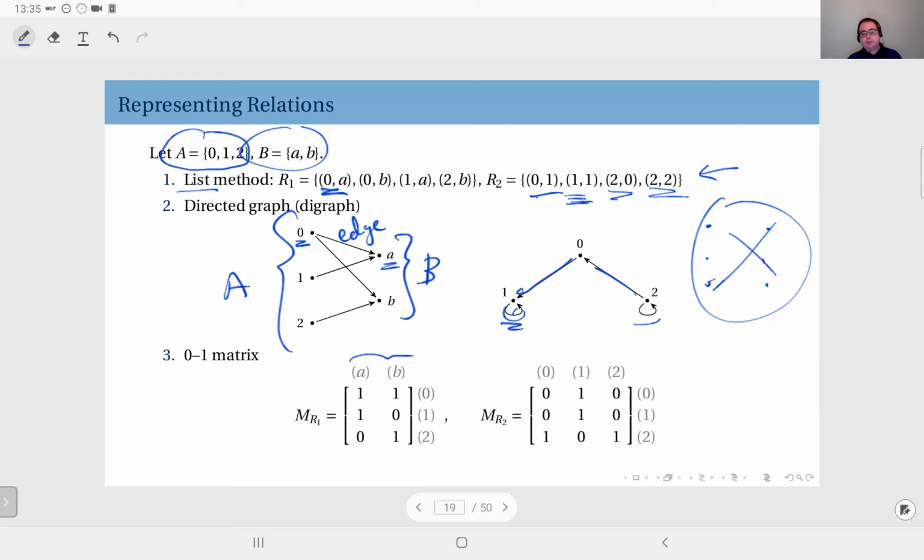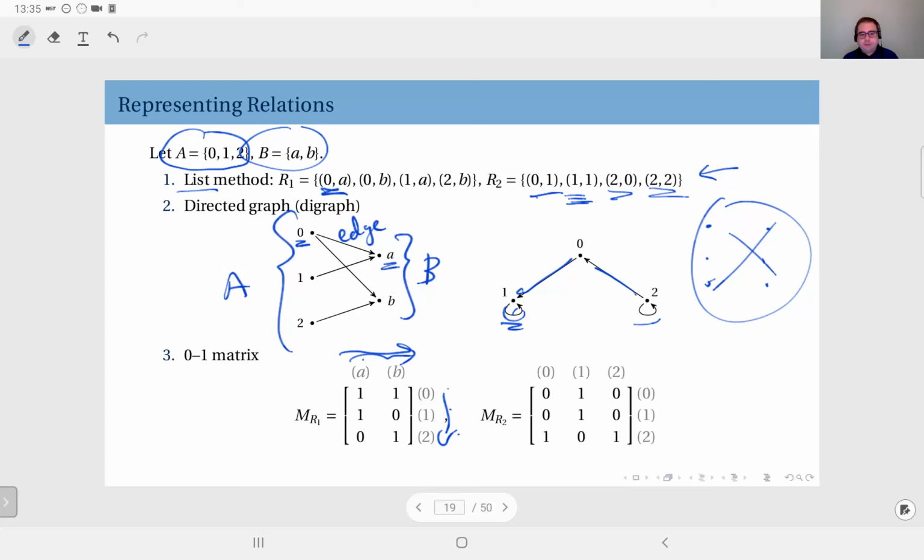For instance, I chose the order 0, 1, 2 here and A, B here. I could have chosen 2, 0, 1 here and B, A here. It doesn't really matter, but throughout my derivation and statements, I need to use the same enumeration in all of my matrices.